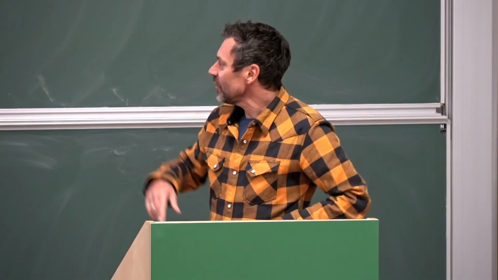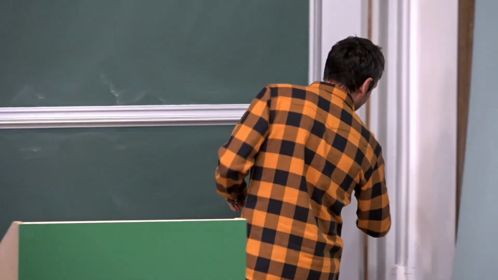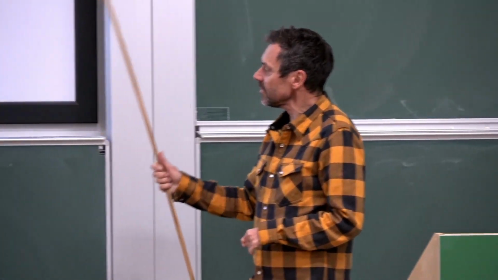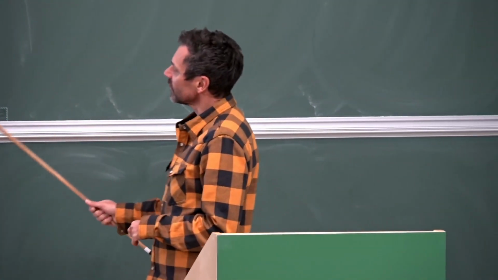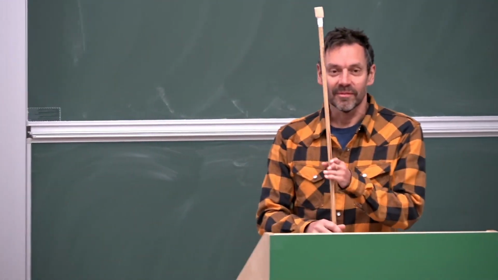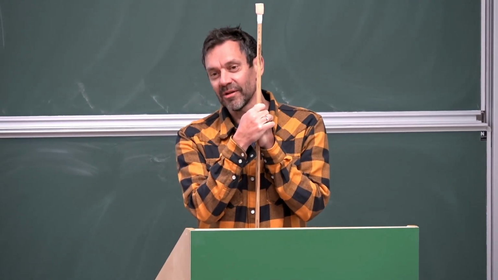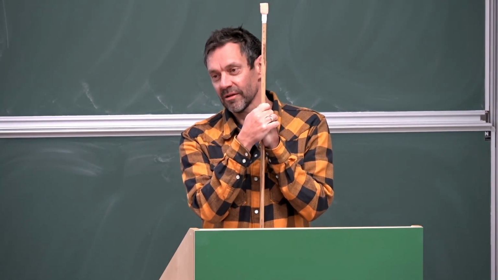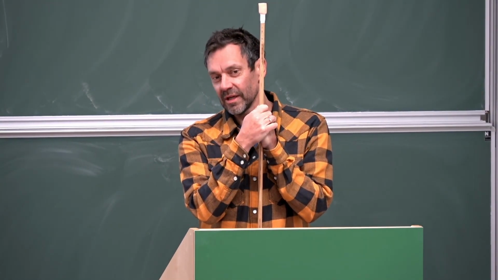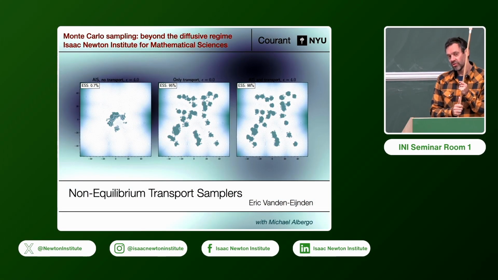So what I'll do is I will discuss a class of non-equilibrium samplers. This is joint work with Michael Albergo. It was great that Christoph gave his talk yesterday, because I'm going to be able to build quite a lot on some of the things that he already introduced.